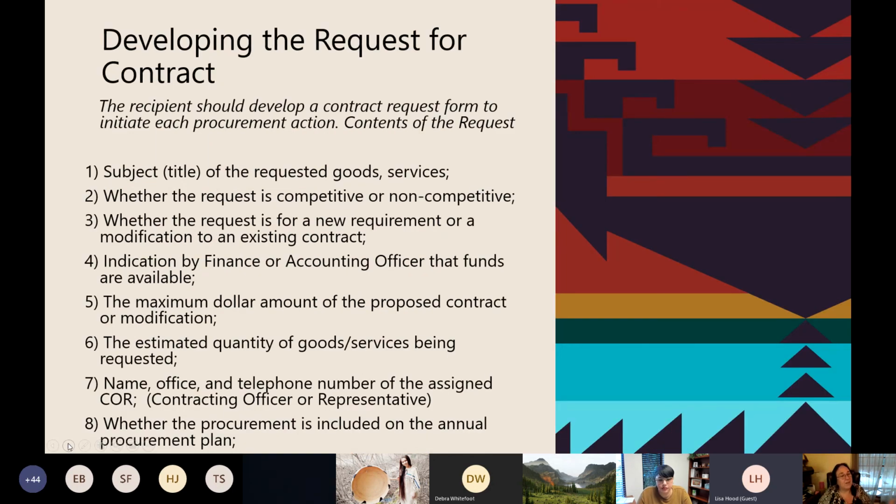So, developing the request for contract. You as a recipient should develop a contract request form to initiate each procurement action.